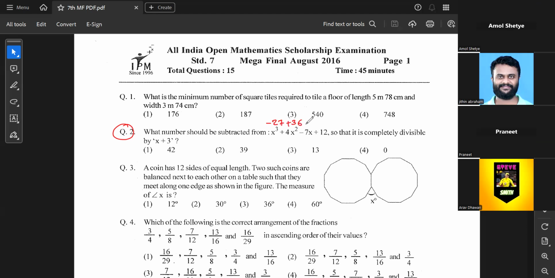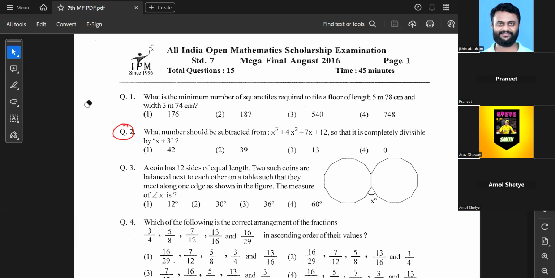If we add all of those, we get the answer as 42. So it is like the remainder, and that is why it should be subtracted so that it can be fully divided. Excellent, good logic, my dear child.